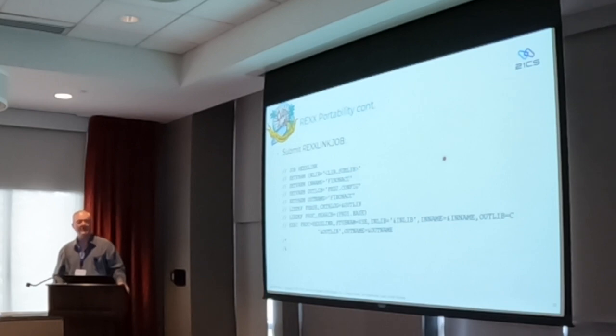What the linker does is put a stub on top of that object file, and that stub allows it to be loaded as a phase, and then it does whatever other magic it does for the linking.